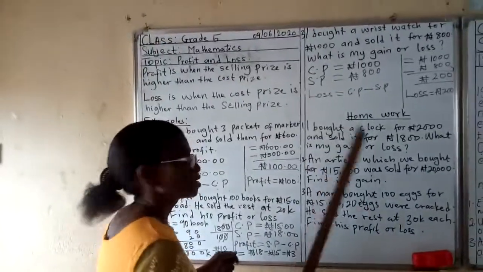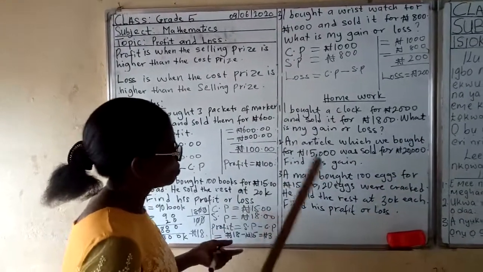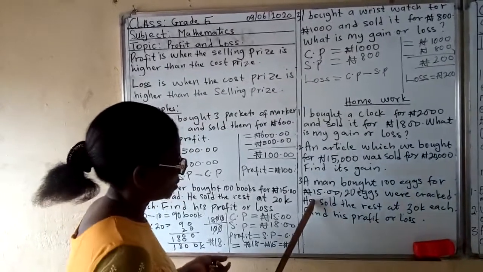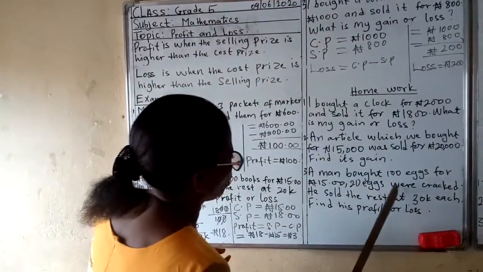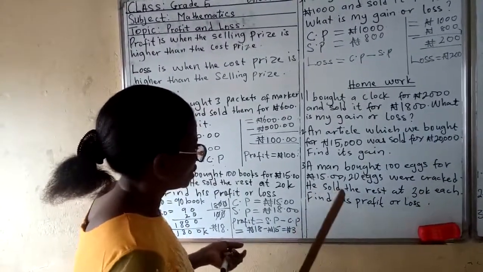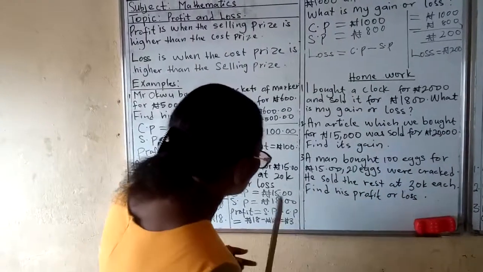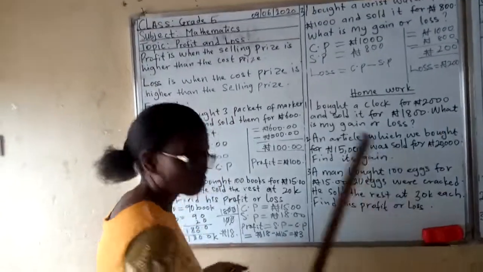Find if gain. Number 3, a man bought 100 eggs for 15 naira. He sold the rest at 30 kobo each. Find his profit or loss.